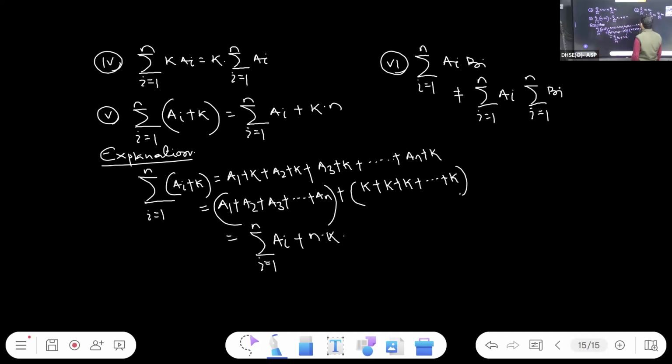Where sigma r equals 1 to n of r is equal to 1 plus 2 plus 3 plus up to n, equals n into n plus 1 divided by 2.